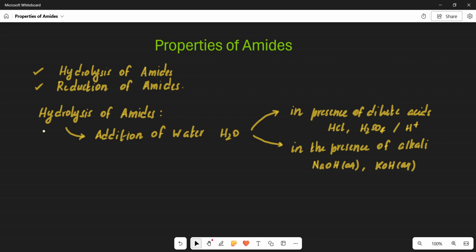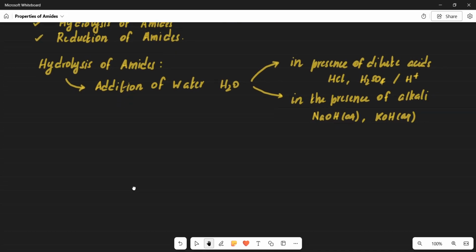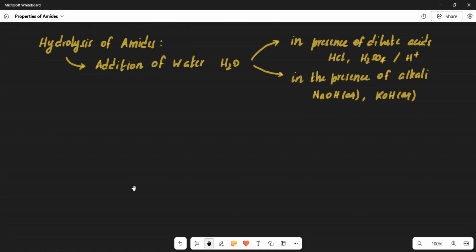According to the reagent or according to the condition, whether it is acid or a base, the products of hydrolysis of amides will be different. And as well, I can say the amide linkage is going to be broken by water, that is the result of hydrolysis of amides.